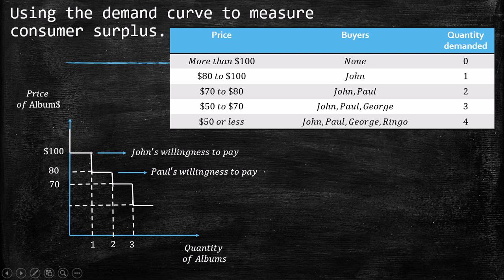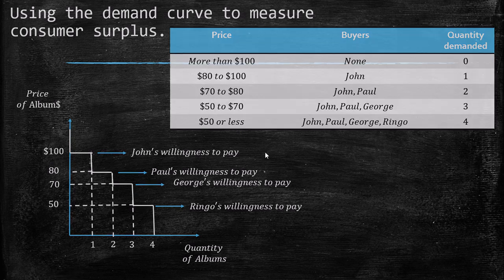When the price is between 50 and 70, there is going to be a quantity demanded of 3, and the quantity demanded is 4 when the price is 50 or less. Each point represents the willingness to pay of each of the guys.